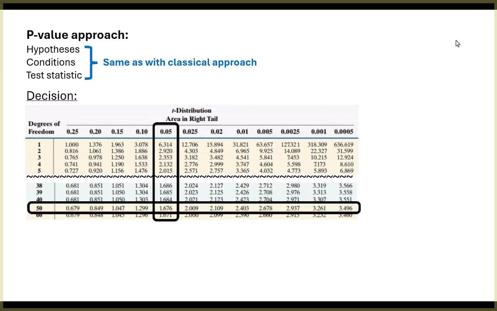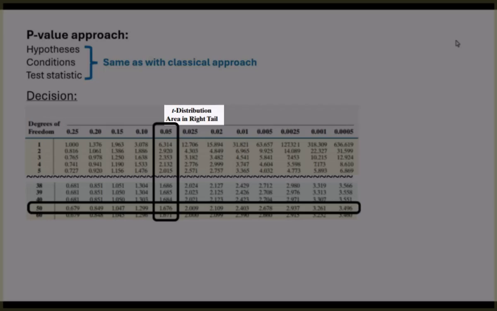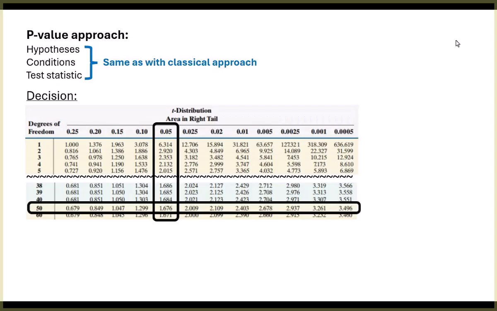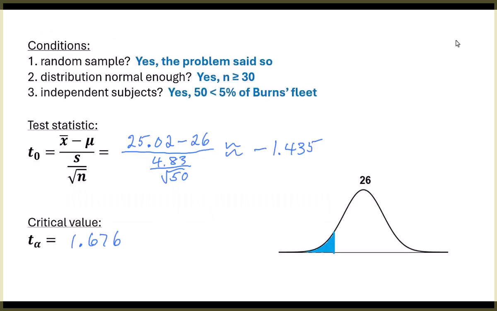But y'all, that's for a right tail. Now remember, this t-distribution is symmetric. So all I'm going to do is stick a negative in front of that. So I've got negative 1.676. So that's what I got in the table. But that's positive, and I'm talking about a left tail test.